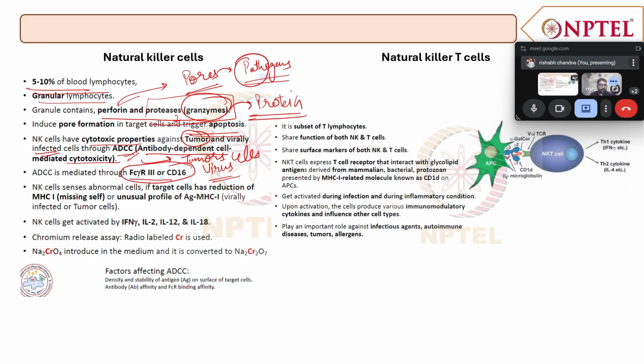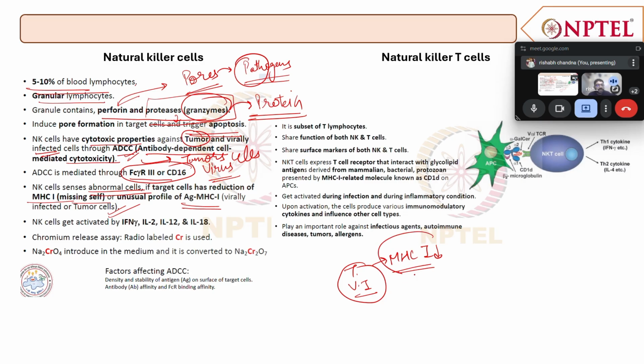Okay, these NK cells sense abnormal cells and they target the cells that have reduction in MHC1, that is missing self, and unusual profile of antigen MHC1, that is virally infected or tumor cells. Any cell that is either tumor or virus infected will have low MHC1 count. So it decreases.